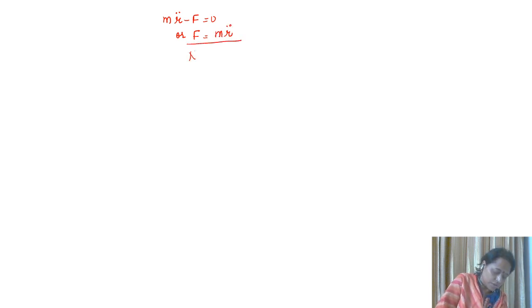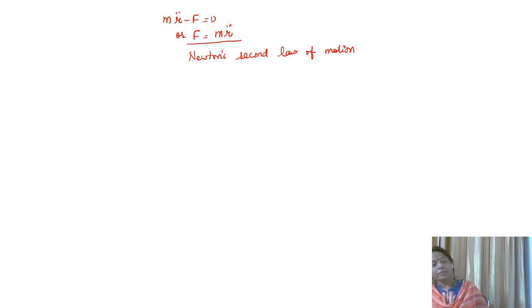This is Newton's second law of motion. So finally, with the help of Hamilton's principle, you can derive the Euler-Lagrange equation of motion, and you can derive Newton's second law of motion. So this is all about this lecture. Thank you so much.